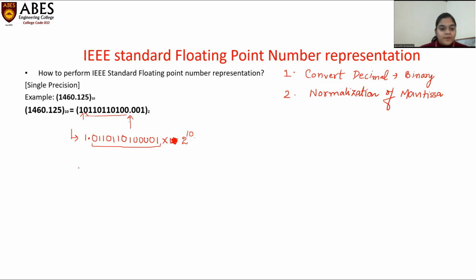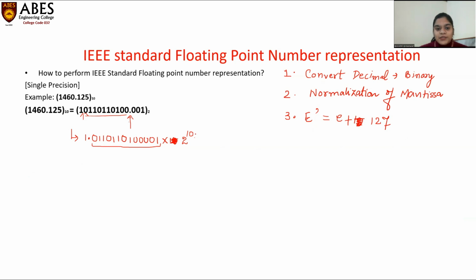Further, let's move on. This is our second step done. Now our third step is calculating the exponent value, that is E', or you can say the modified exponent value, E plus 127 for single precision. Okay, now let's calculate this equation.